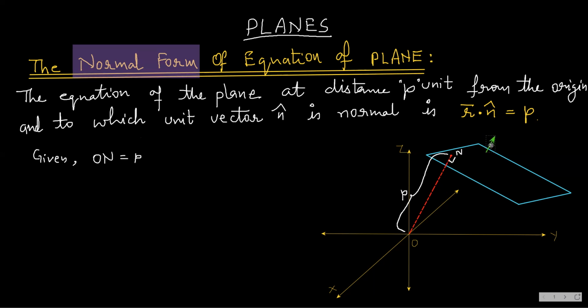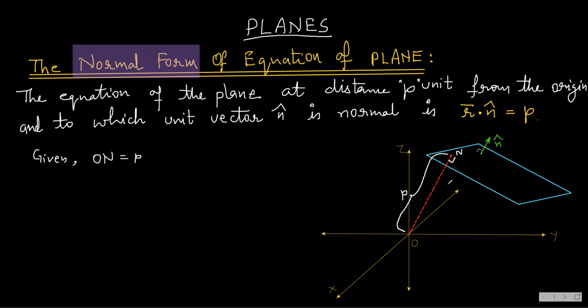So here I have a unit vector which is perpendicular to the plane, and I call this unit vector n cap. So students, what are the things that I am given?